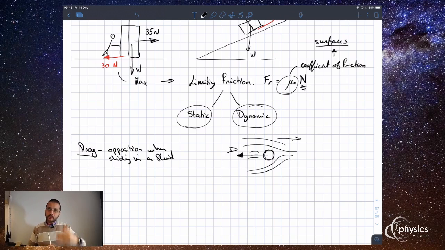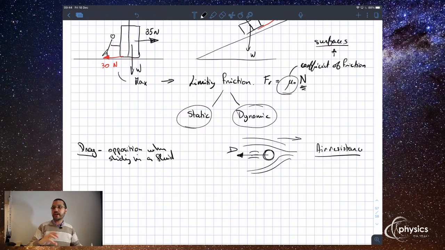I'm going to talk about drag force in detail more in the future because there are different types of drag forces as well, alright? But the force acting on an object when passing through a fluid is called the drag force. The air resistance is one type of a drag force.